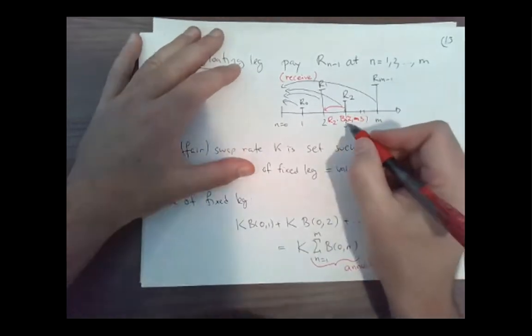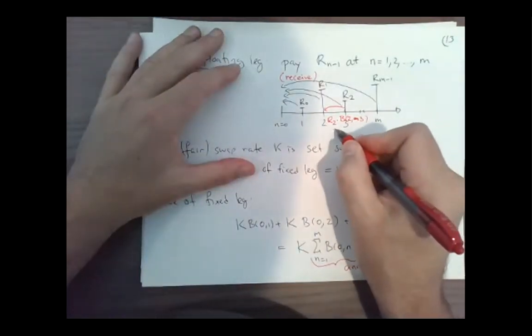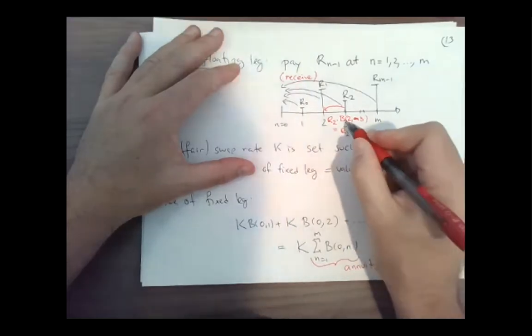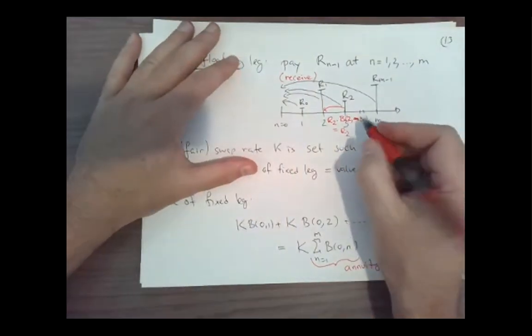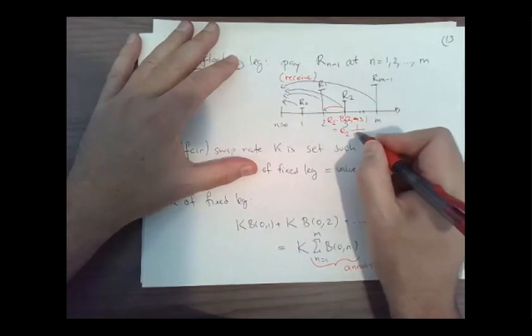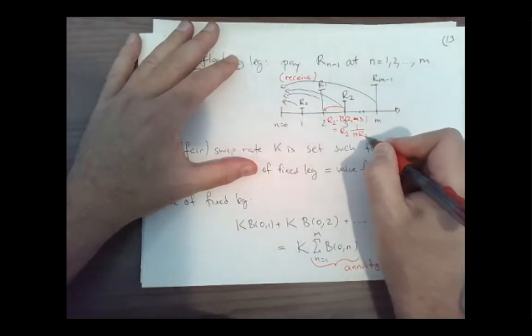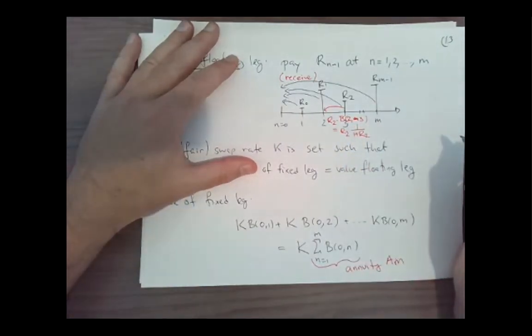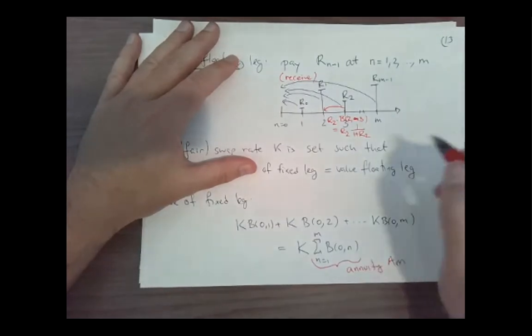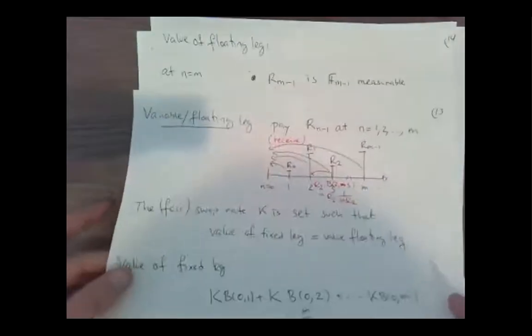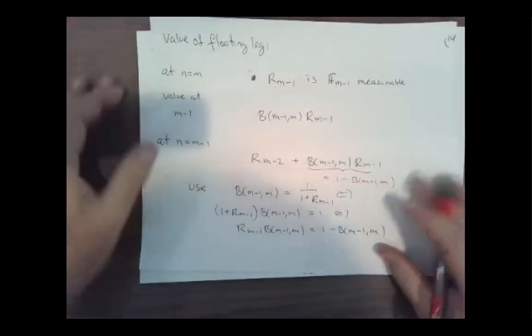And of course, I can use the formula for the zero coupon bond. This is 1 over 1 plus R2. So it's this calculation here I'm using. This calculation I'm using over here.